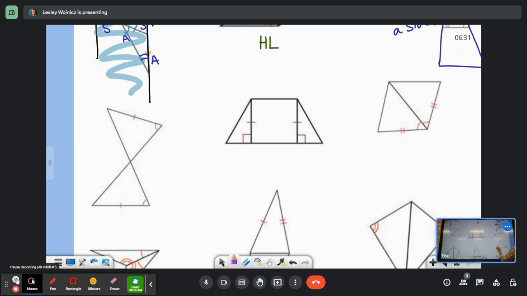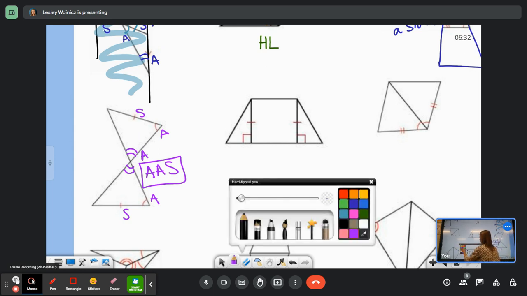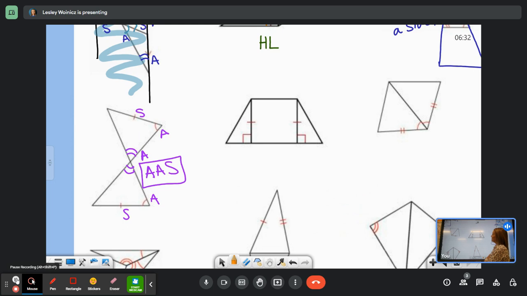Here I have two angles already congruent, two sides congruent, and I have a second pair of angles right here. So this is angle, angle, side. Okay, this one looks like it wants to be hypotenuse leg, but we don't have the hypotenuse.